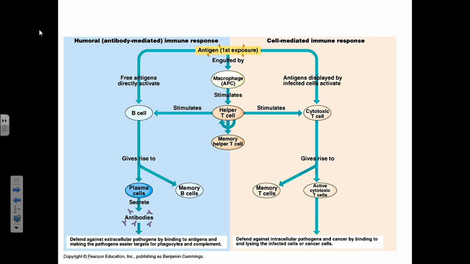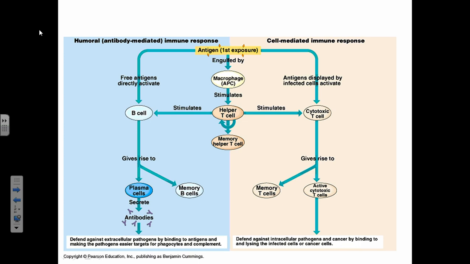So with the antibody-mediated response, just a quick summary, an antigen gets into you. What's an antigen? Foreign protein. Could be on a bacteria, virus, fungus, worm, whatever. That antigen gets engulfed by some kind of phagocytic cell, usually a macrophage. It phagocytizes it, uses the lysosomes to intracellularly digest it, and then it displays the antigen, some of those pieces of that germ, on what structure?